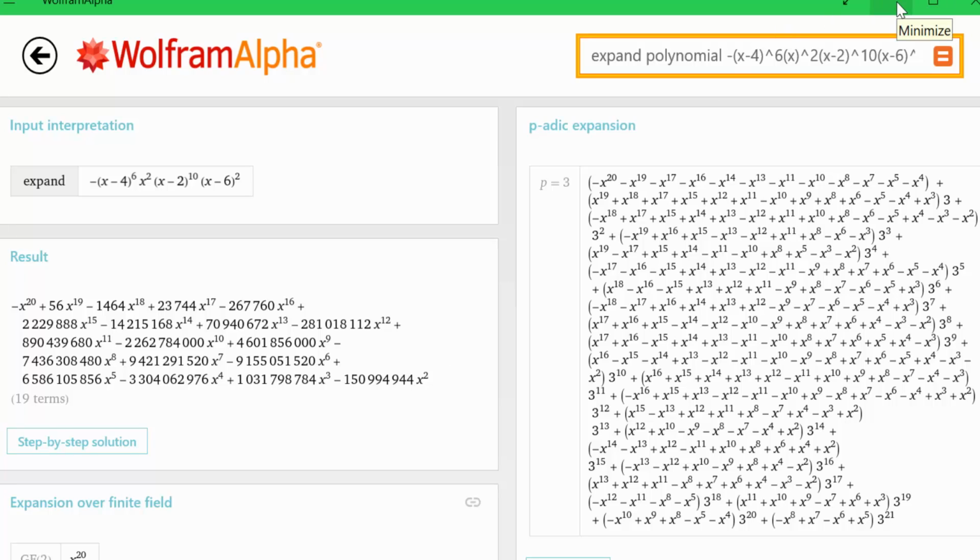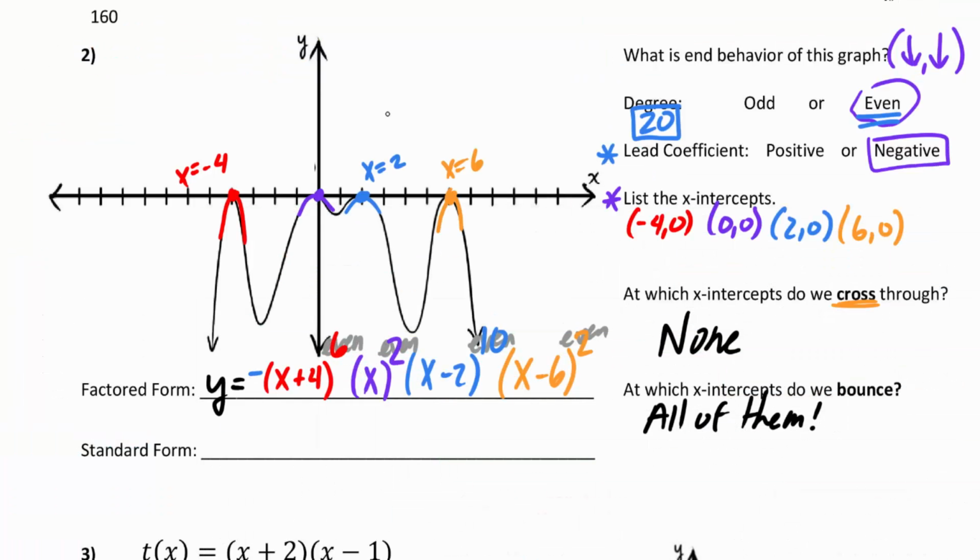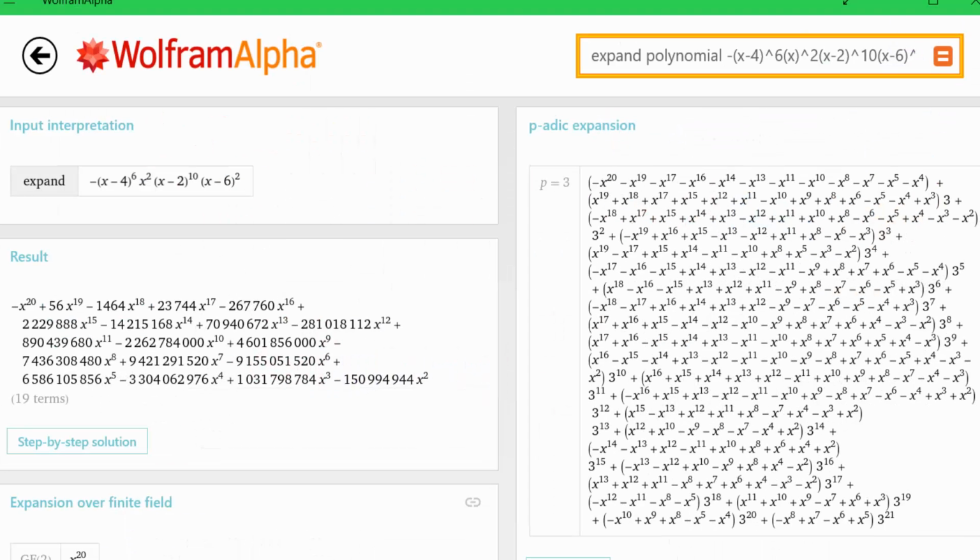But remember what that little constant tells me about the graph. If it's plus 0 as the number, where do I cross? I cross at 0. So anytime that you have a factor that is just a straight up x, you're going to cross at the origin, which means at the very end of standard form you'd have a plus 0 there, which is kind of interesting.